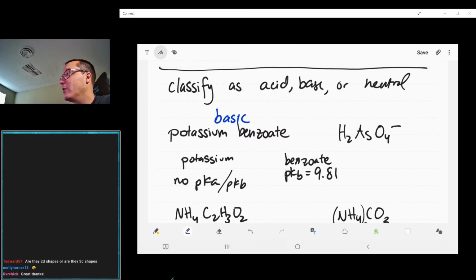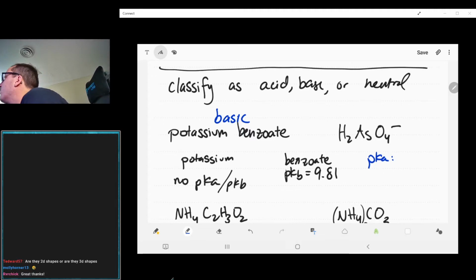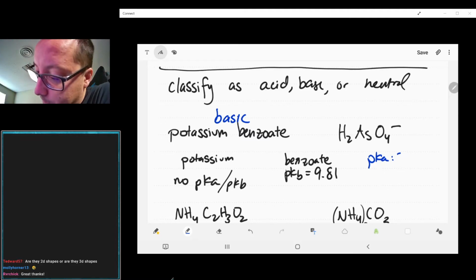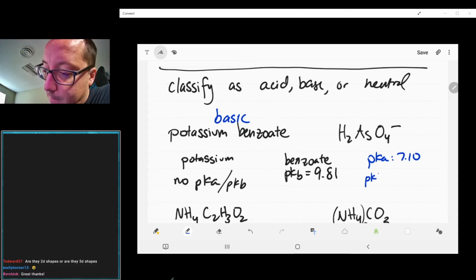All right, if we take a look at that arsenate ion there, we might have to look at that a little bit more closely, but let's take a look at its pKa. If we look at the dihydrogen arsenate, where is that going to be? Its pKa is about 7.10. Which means its pKb we're going to have to look up, right? Because the pKb would be the reverse for the first removal of the proton, right?